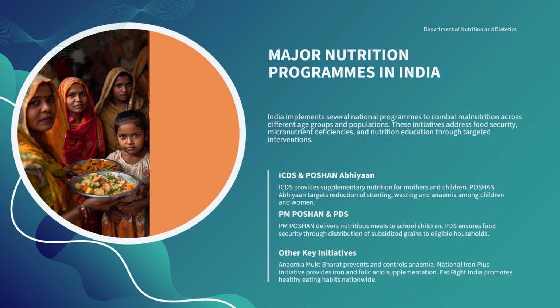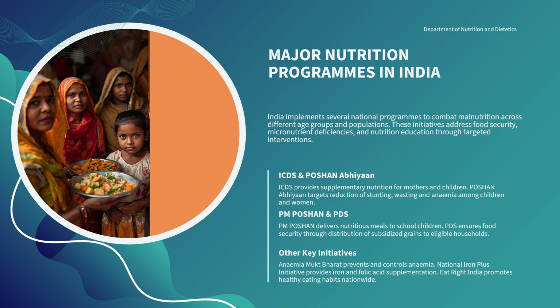Poshan Abhiyan targets reduction of stunting, wasting, and anemia among children and women. PM Poshan delivers nutritious meals to school children as a part of the midday meal program.